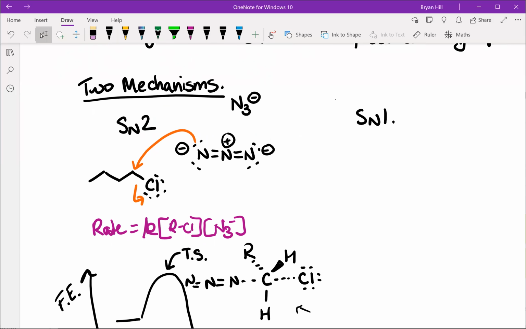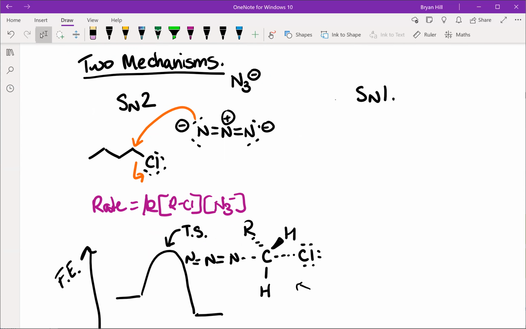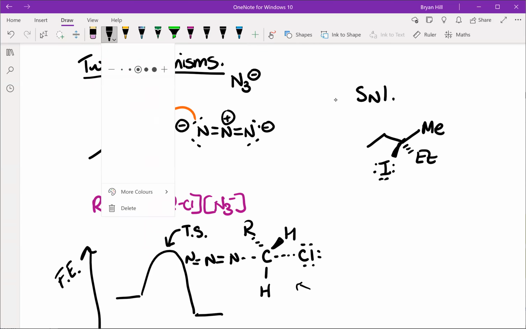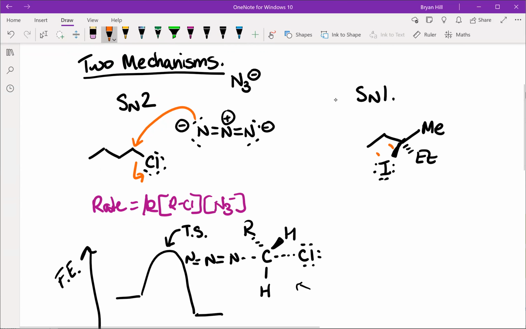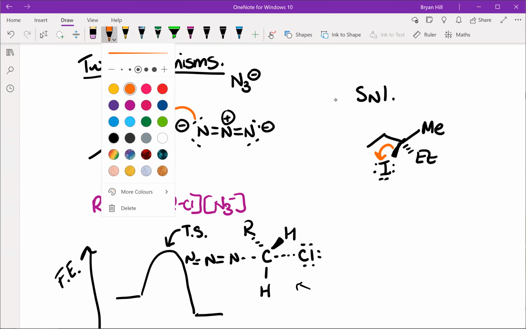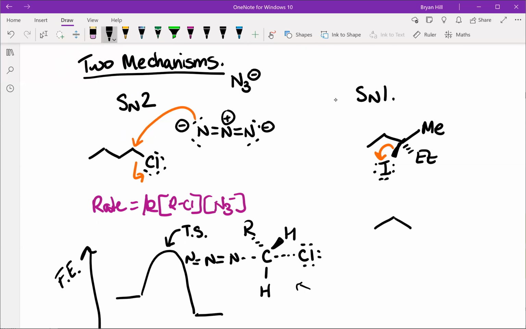Now with the SN1, the difference is, we'll draw primary, tertiary. For an SN1 mechanism, the first step is that the leaving group departs and you form a carbocation.